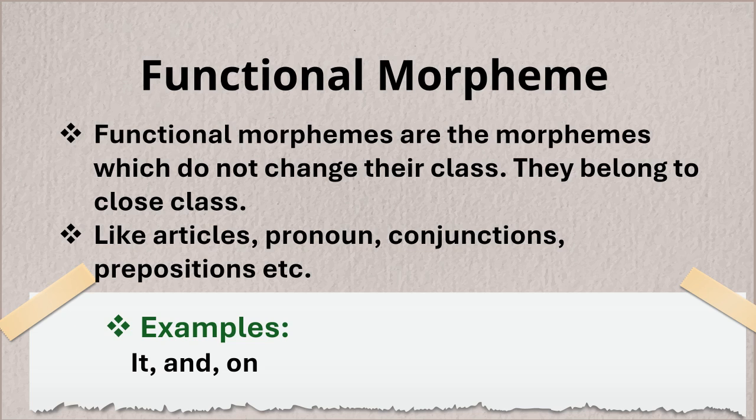For example, words like it and on are functional morphemes. Each of these plays a grammatical role in connecting or relating content words within a sentence. It, which is a functional morpheme, functions as a pronoun and joins two ideas, and on, which is also a functional morpheme, shows a relationship of position. Although they don't carry strong lexical meaning, functional morphemes are essential for building the structure and coherence of a sentence.